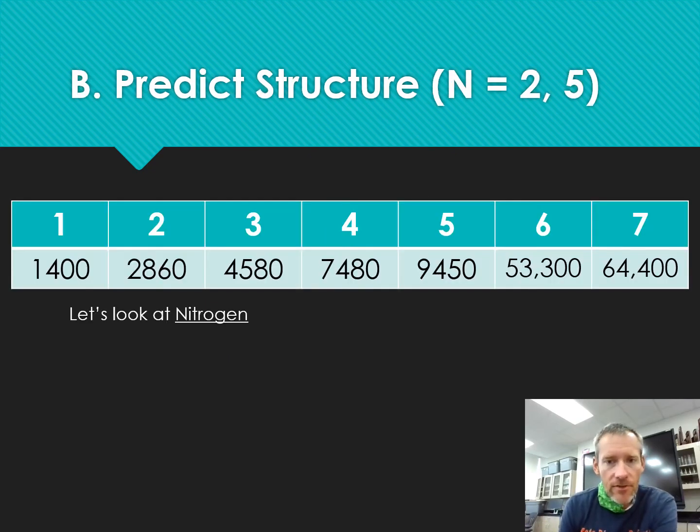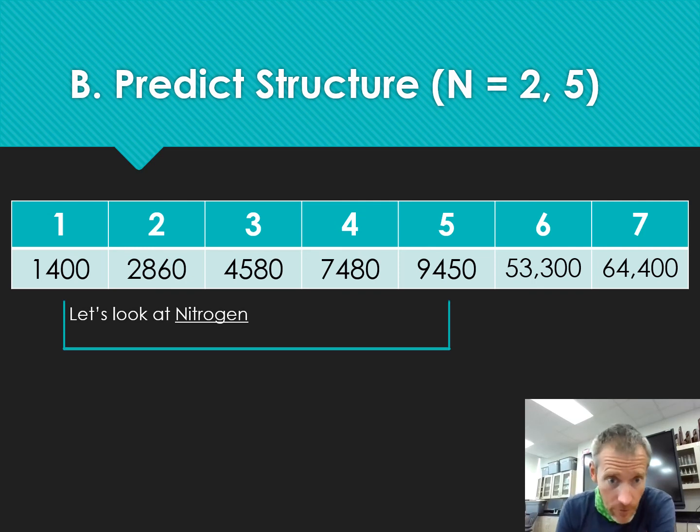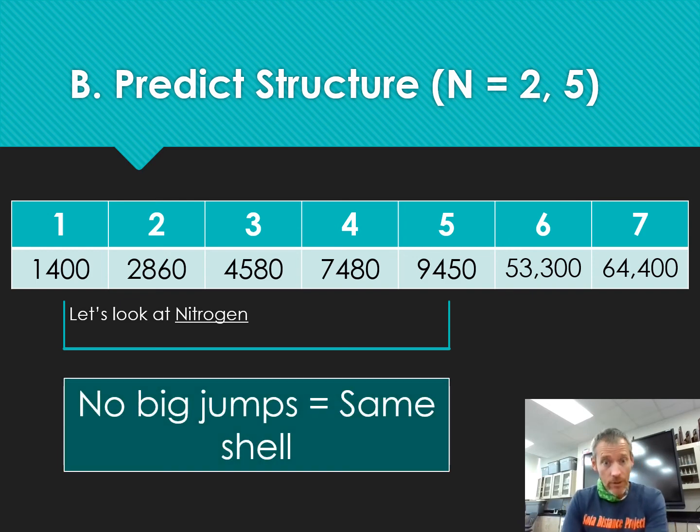These are its ionization energies. You can see they're all increasing, just like any other ionization energy, but no big jumps here. It's the same shell. Yes, it's increasing, but again, it's still within the thousands. So 1,400, 2,800, 4,500. It's increasing pretty regularly.